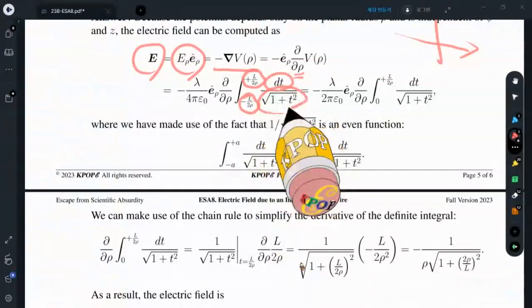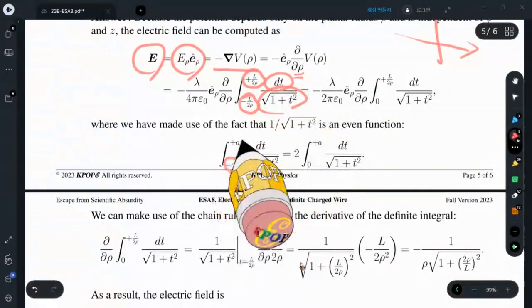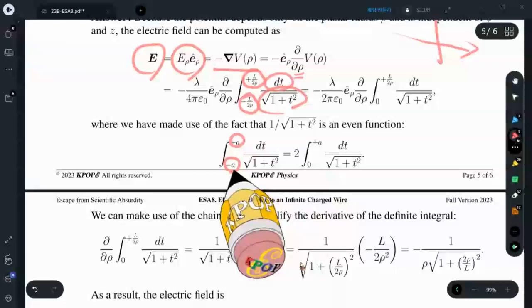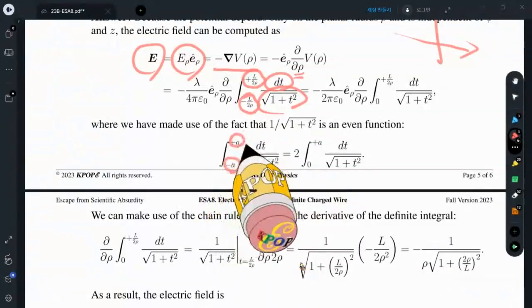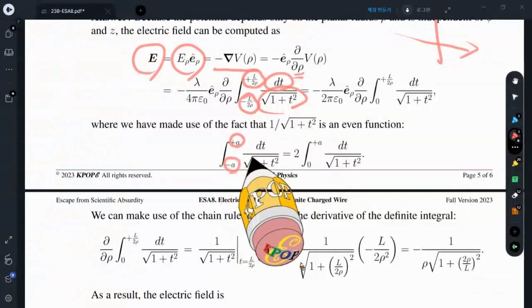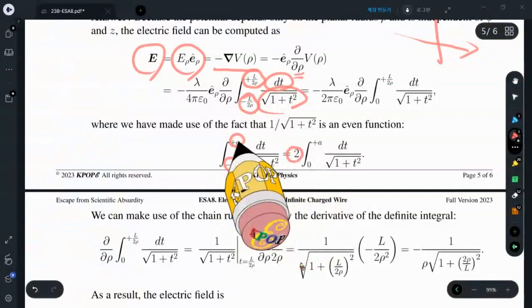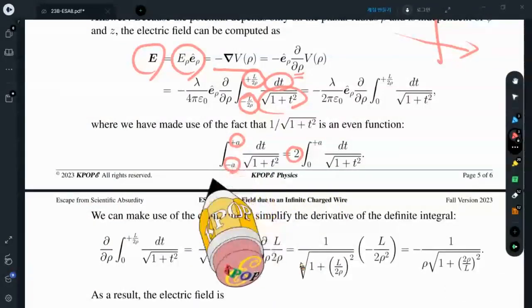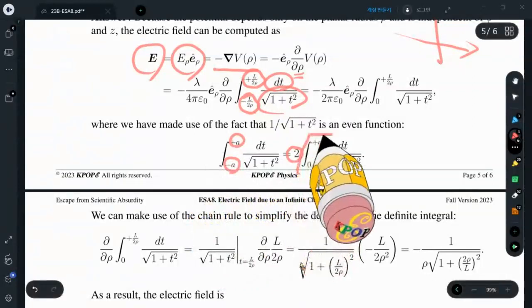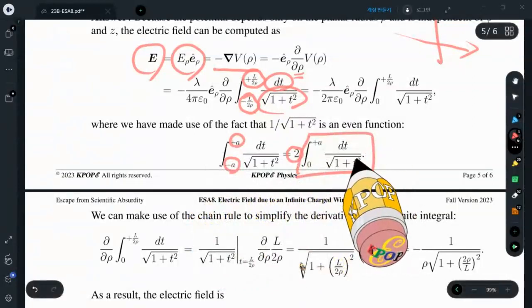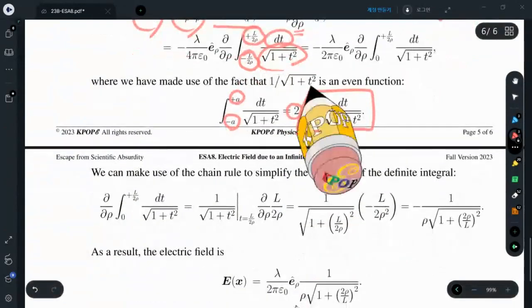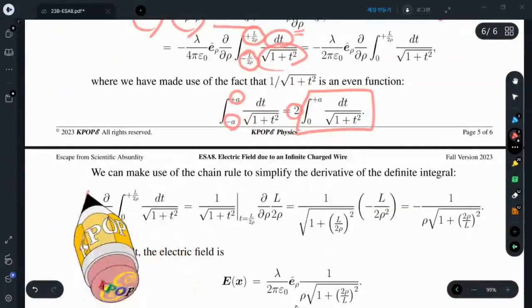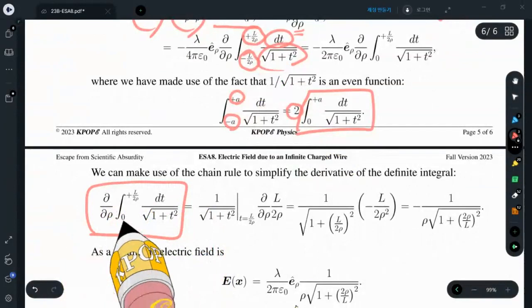This is an even function. The integral of an even function from minus a to plus a has a negative part and a positive part that are the same. So I have a factor of 2, and I don't have to integrate over the negative part, just copy the positive part only and multiply by 2. Then our problem reduces to this form.